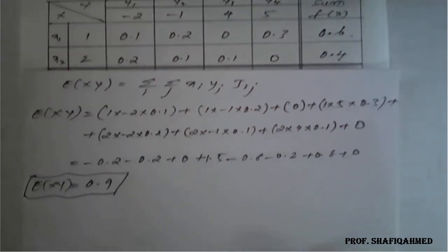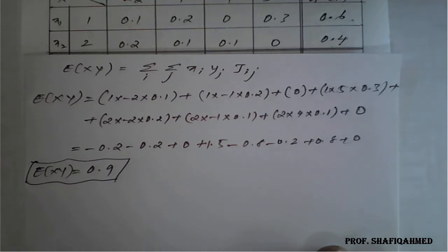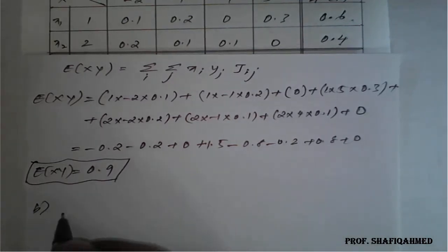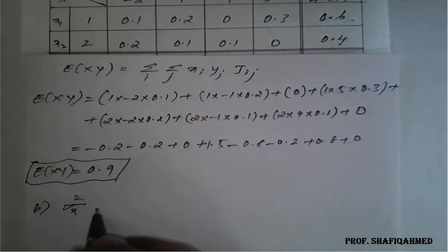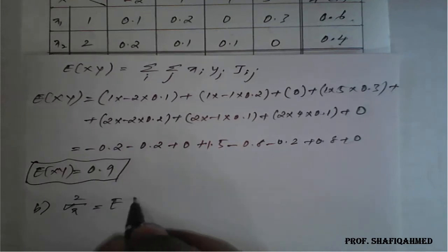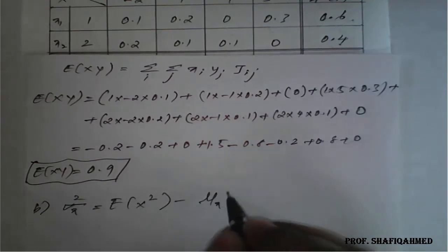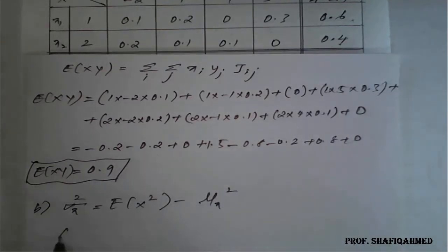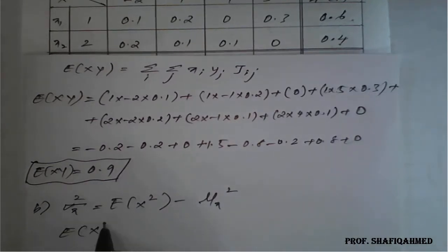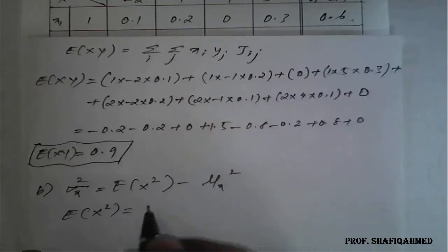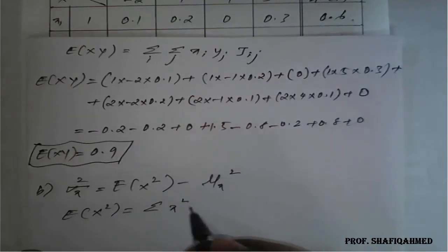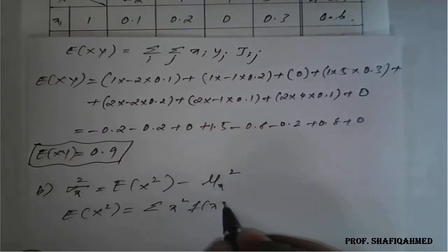So similarly you need to work out the second result. The second result is variance of x, which is given by expectation of x square minus mu of x square. First find expectation of x square, which is summation of x square into f of x.